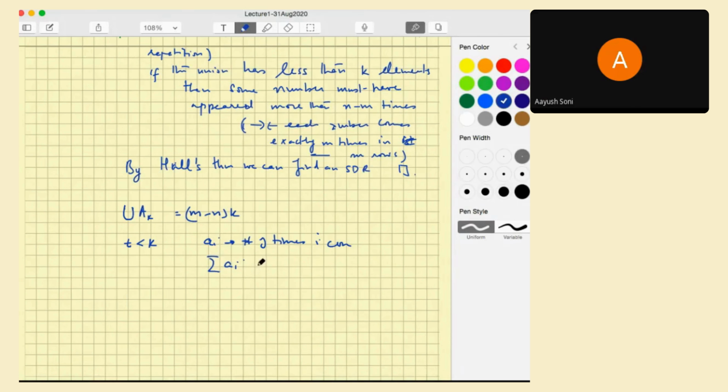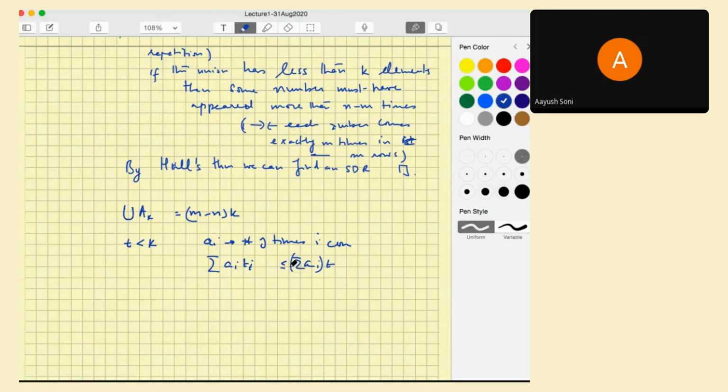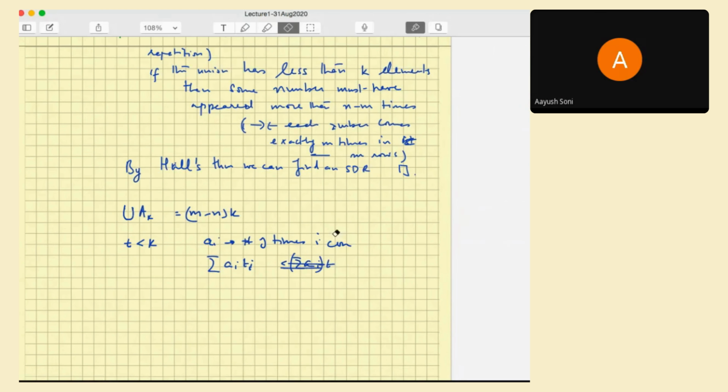Our k elements, we can call them t1, t2 and so on. No, Professor, I am saying that there are t distinct elements, we can call them t1, t2 till tt or something.